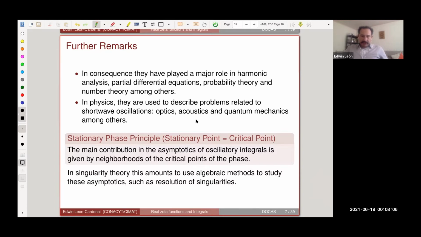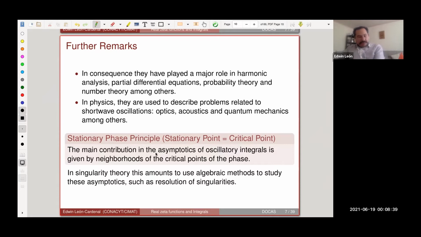By a stationary point, we will mean a critical point, okay? But this is the language that people use in analysis. The stationary phase principle says that the main contribution in the asymptotics of oscillatory integrals is given by the neighborhoods of the critical points of the phase.